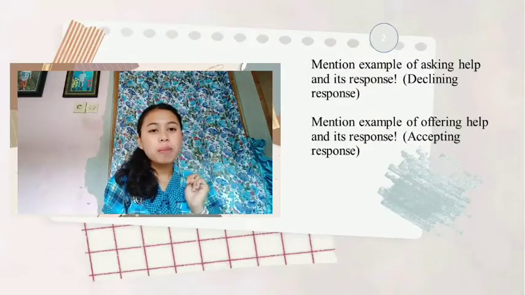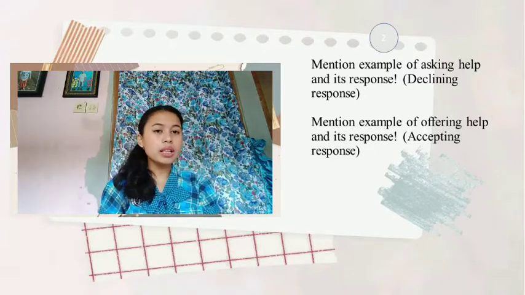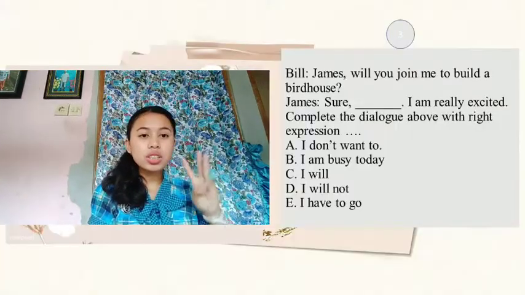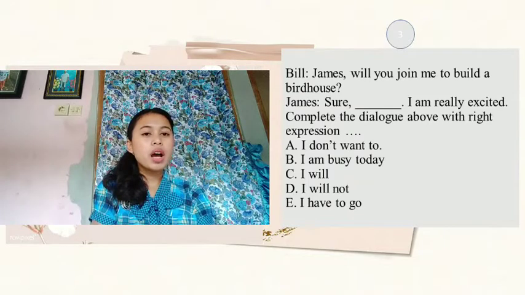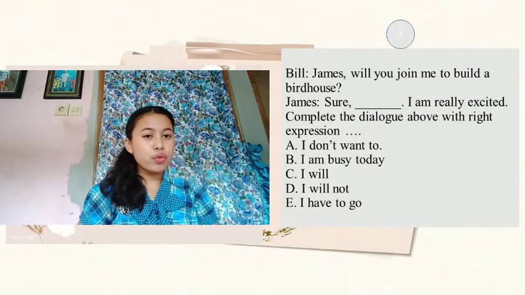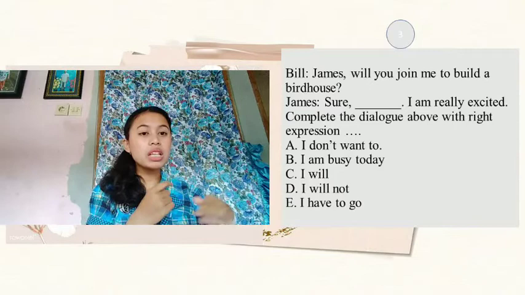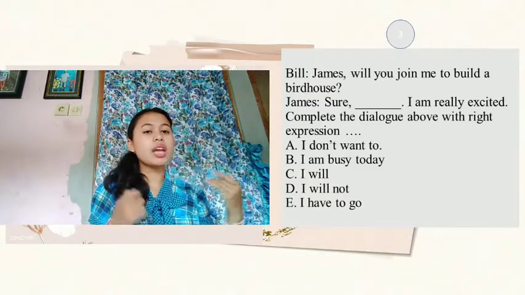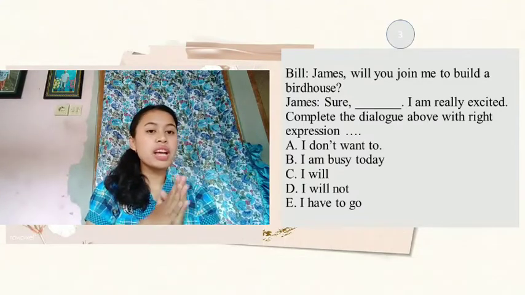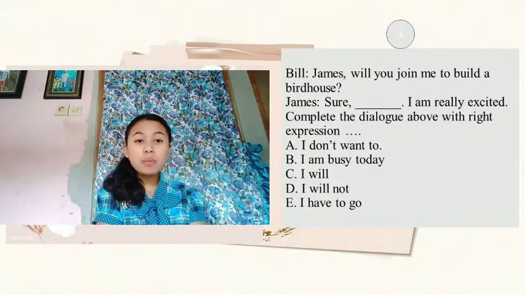The second one, I will ask you to mention examples of asking and offering help expressions. And for the third example of a question, I will give you a short conversation about asking and offering help with a blank space in the conversation, and then you have to fill it with a suitable expression of asking and offering help. Well, that is all about the assessment.